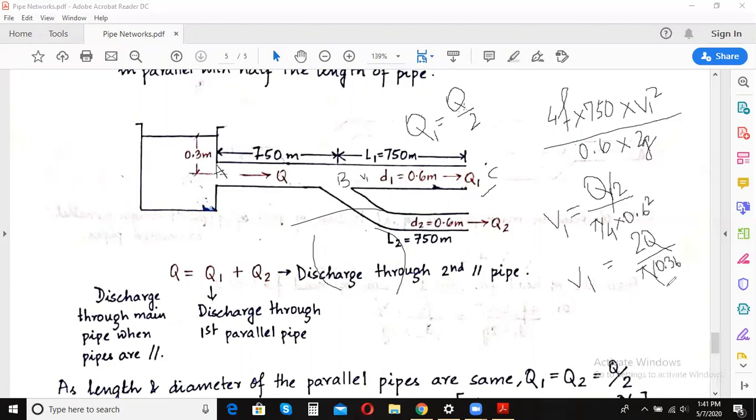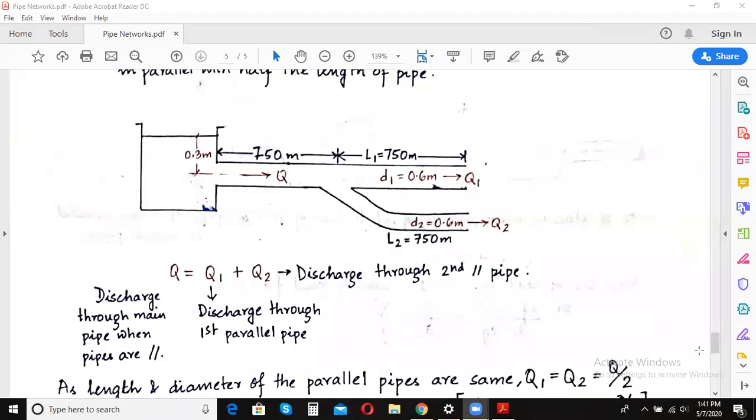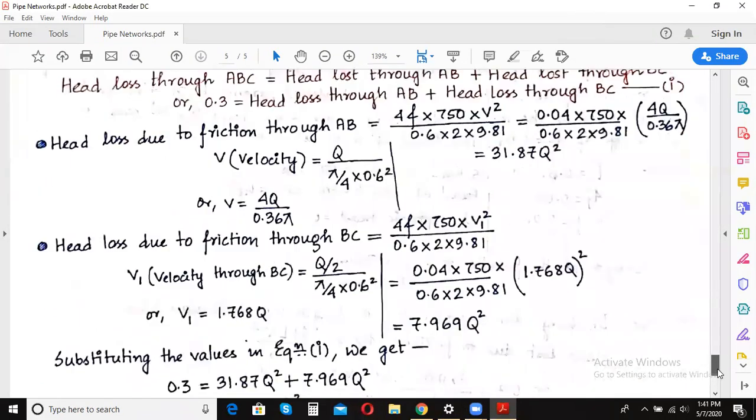Now you have to substitute this value of V1 in this equation. Let me clear this. I would suggest you to take a screenshot. Okay, let's go down. It's already there.